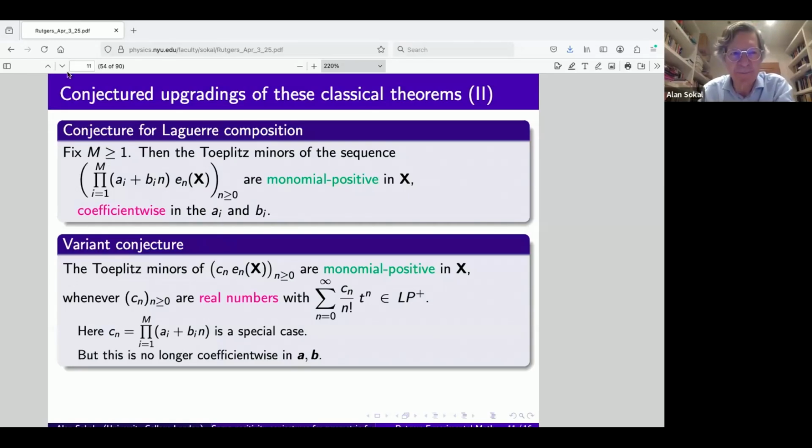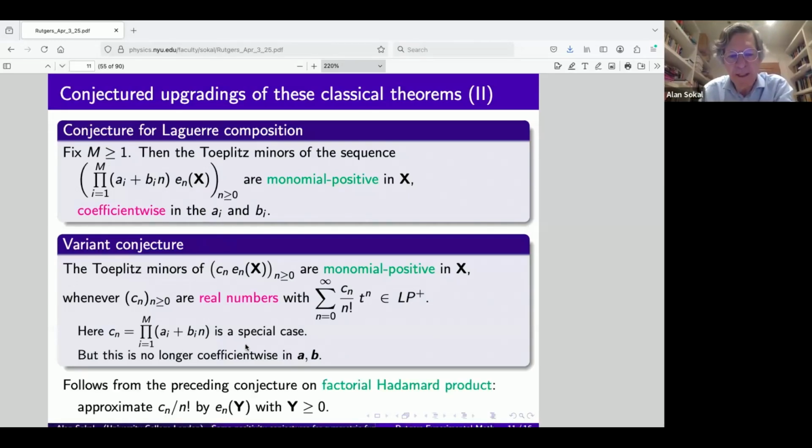Neither one is proven. Oh, and I should say, it's interesting, these conjectures. This is something I typically do. I make lots and lots of conjectures, and then I show how some of my conjectures imply others of my conjectures, even though I can prove none of them.